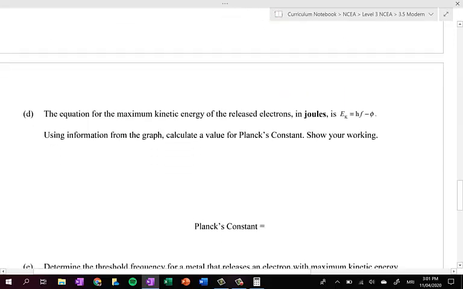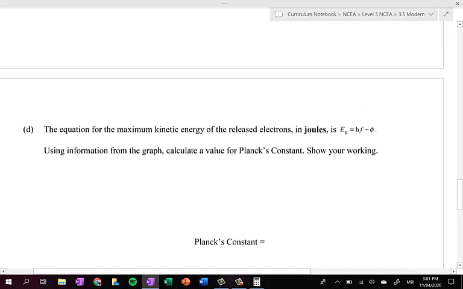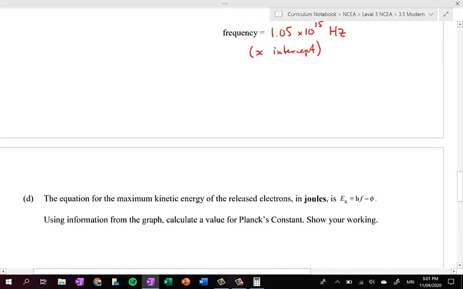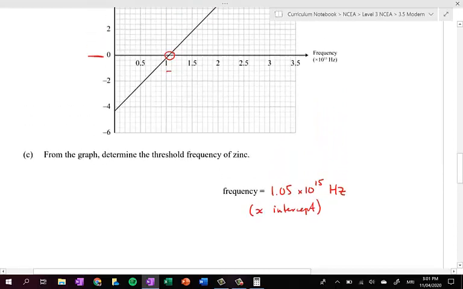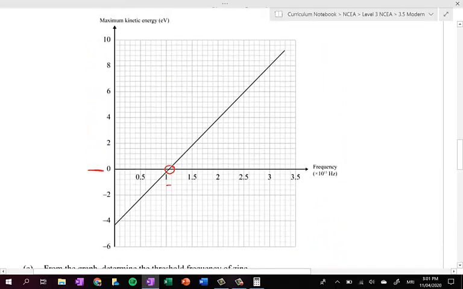The equation for the maximum kinetic energy of the released electrons in joules is Ek equals hf minus phi. Using information from the graph, calculate a value of Planck's constant and show your working. Okay, so it's typically the gradient, except here we're given the units for the y-axis are in electron volts.